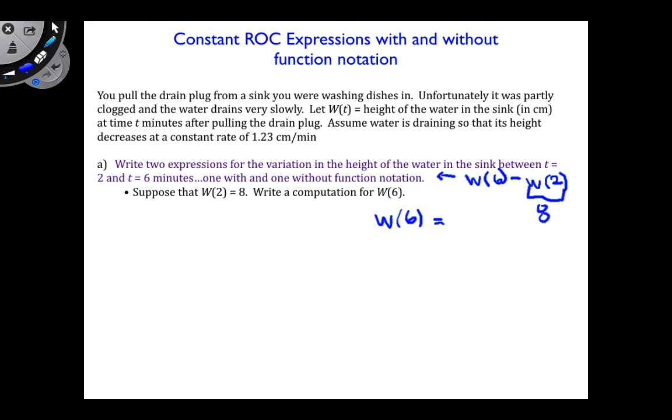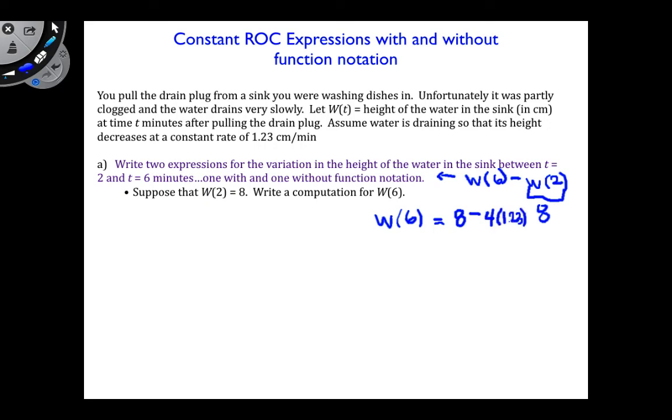And then I could do it like that with function notation, or I could say, well, W of 6, that's the height by the end. It started out at 8, and then I subtracted whatever we just had, 4.92, which was 4 times 1.23.